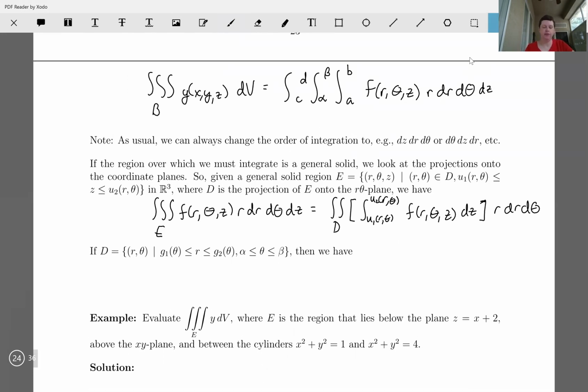And like before, we can talk about how the region D is defined.